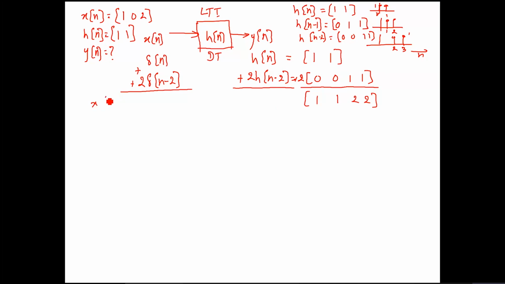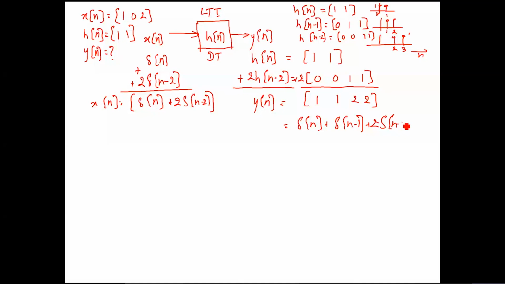So your x of n, which is delta n plus 2 times delta n minus 2, gives the output y of n, which is basically this. Either we can write it as this, or we can plot it, or we can just write it as delta n plus delta n minus 1 plus 2 times delta n minus 2 plus 2 times delta n minus 3.